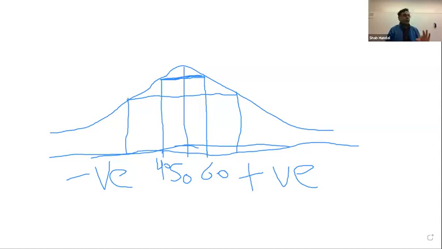It would be very coincidental for reality to be the same as what theory says. It could be that out of 10 students, 3 got 30, 6 got 50, and only one got 90 marks. If you draw it, it will not look like a normal distribution curve.